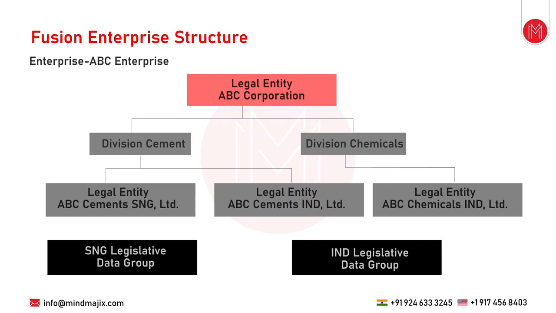That's why they are marked in green. These are the legislative data groups. Legislative data groups are the taxation registered for the particular country. That's why we have two LDGs in this case: one based out of Singapore and the other for India.